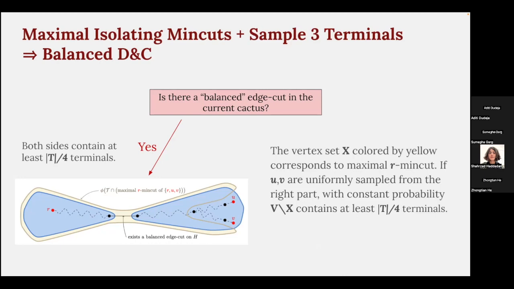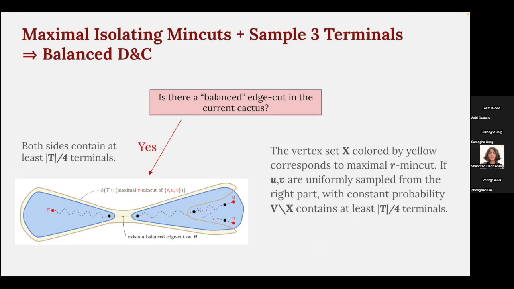So let's consider a simpler case where the cactus is a tree. In this case, let's see the furthest node from R that is on the path to both U and V. Then the cut cannot cut anything after this node. Let's call it root.